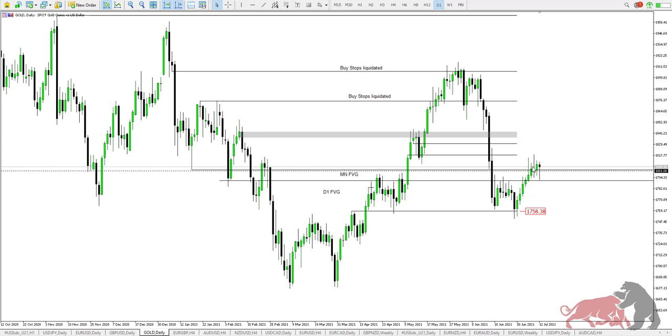So expect a bit of resistance, either from current price action or inside this range here. The 1817 price point on gold is likely to provide resistance, and price should trade to the downside.